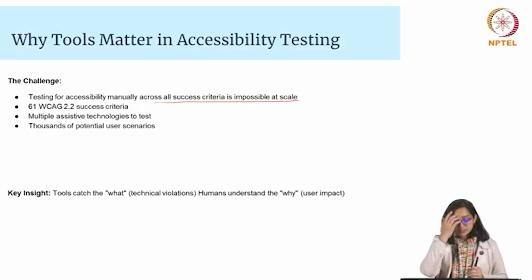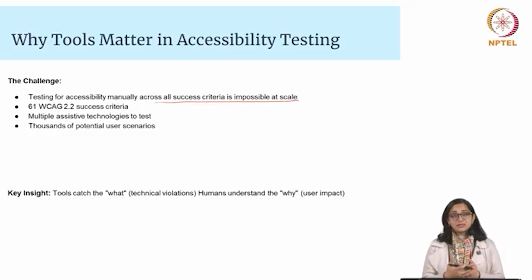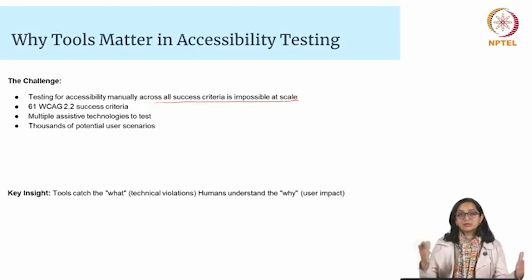As discussed earlier, there are around 61 WCAG 2.2 success criteria, and each one may be linked to multiple accessibility testing related test cases. If you just plainly multiply them, it becomes a very huge number.